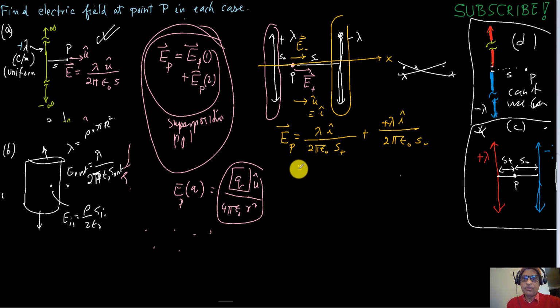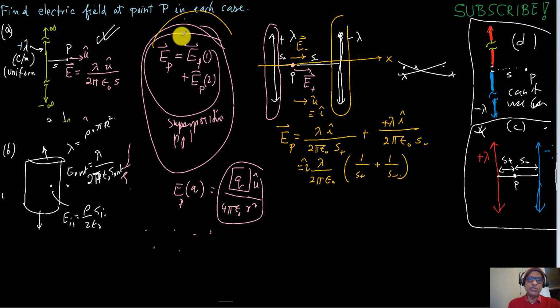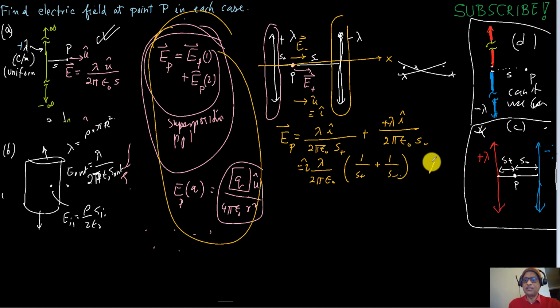The lambda value is the same, one is plus lambda, one is minus lambda, and so I'm going to get this along the i hat direction: lambda over 2 pi epsilon naught times (1 over S plus plus 1 over S minus). So it's very simple. Once you use the superposition principle, this is the answer.